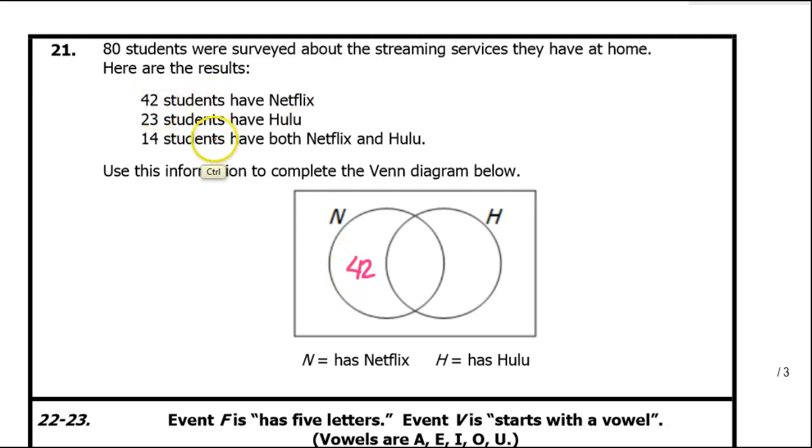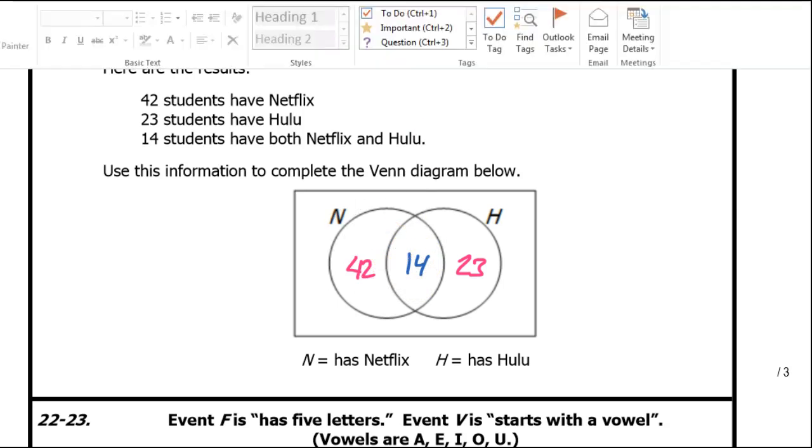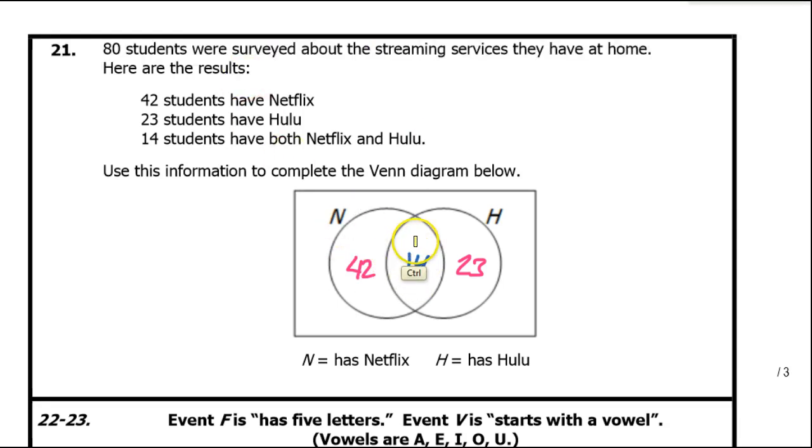Don't do that. 23 students have Hulu. 23 goes there. Oh no! That's so wrong. 14 students have both Netflix and Hulu. That's actually okay. This is what a bunch of students do. No matter what I say, this is totally wrong. Because, look at Netflix for example. Looking at the Netflix circle of anyone who did this, this circle has two numbers in it, 42 and 14.